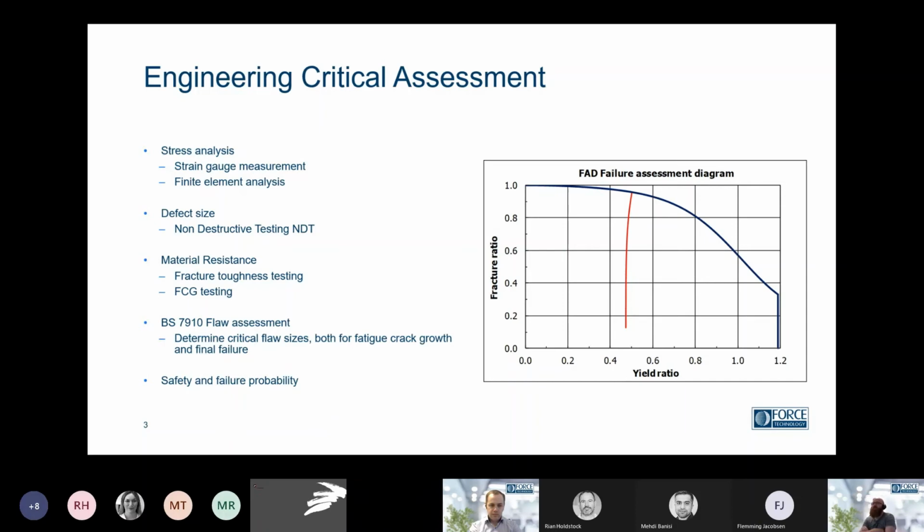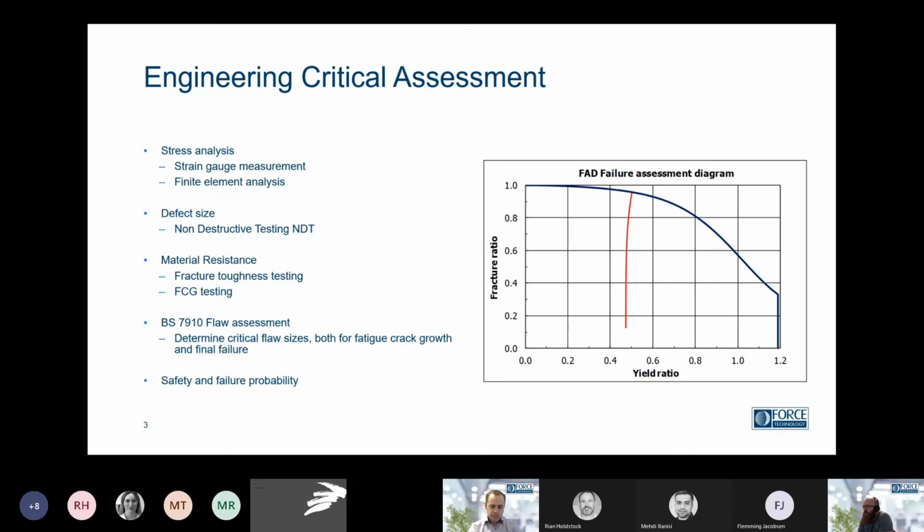So, engineering critical assessment. If we start to look at the fracture toughness or critical flaw sizes, on the right side of the screen you can see a failure assessment diagram, and here we have the yield ratio on the x-axis and the fracture ratio on the y-axis. This means that we are assessing both for brittle fracture, on the y-axis, and the yield ratio, how much yielding we have in the material, on the x-axis, and it's a combination of the two.